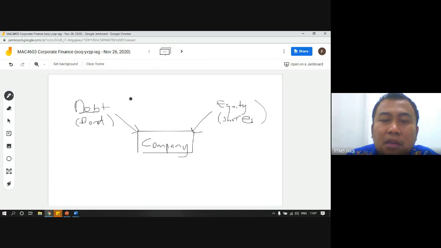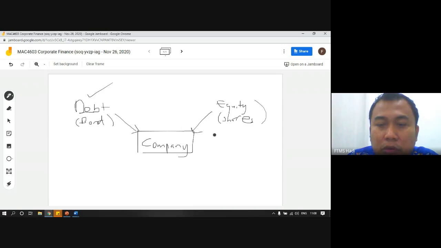So that we already covered in the last chapter, and this week we want to cover equity or shares. So how can equity be considered a source of fund?